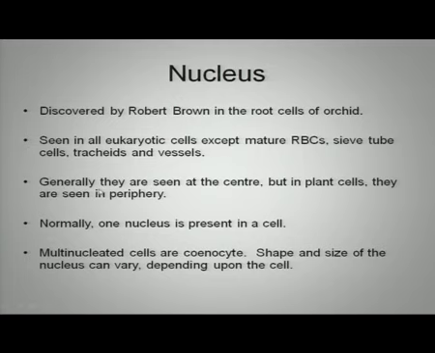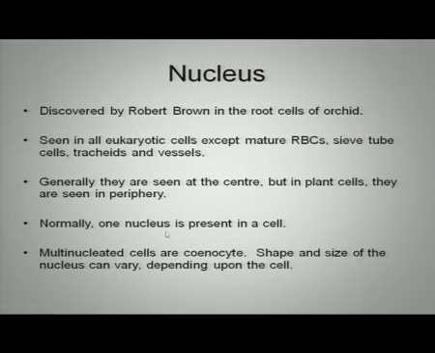Generally, they are seen at the center of a cell, but there are exceptions. In the case of a mature plant cell, they are seen in the periphery. Then what will be at the center of a mature plant cell? Yes, it is a large vacuole.